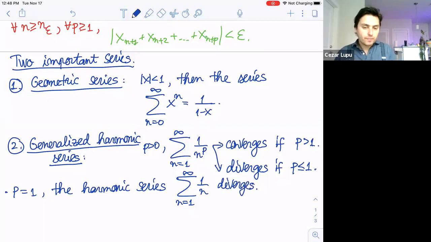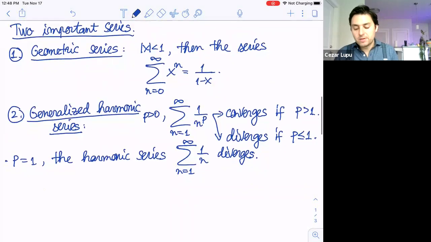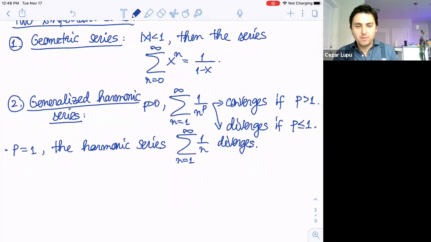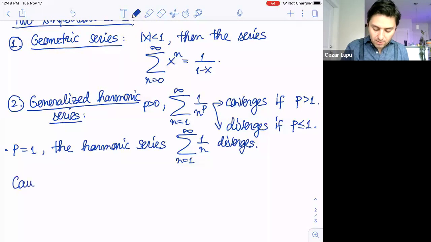And the way we see this, there are plenty of ways to see it. If you look at the partial sums of the harmonic series, it's nothing else than the harmonic sequence. And you know that the harmonic sequence is divergent. So there you go. But there is another way of proving this, and I'll just mention the Cauchy condensation criterion.